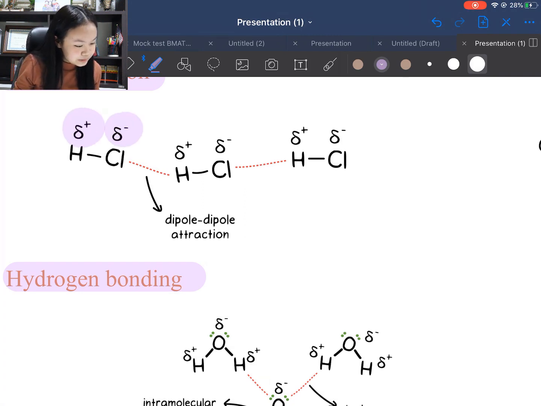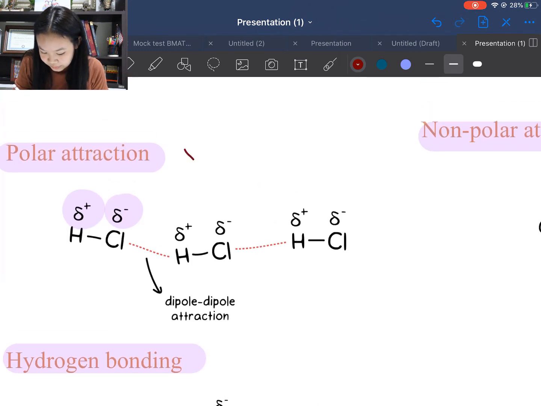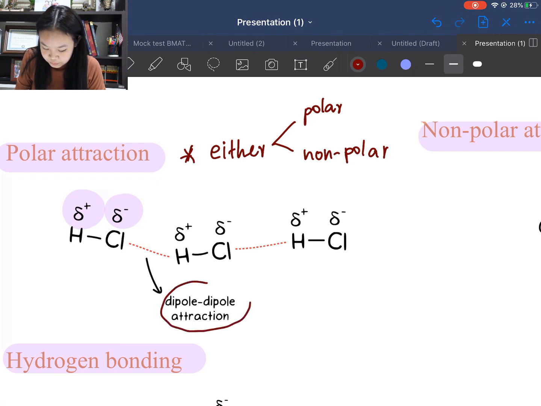So this is actually when two or more atoms form a bond, making the entire molecule either polar or non-polar. So we're going to note that, either polar or non-polar. This is what we call dipole-to-dipole attraction.